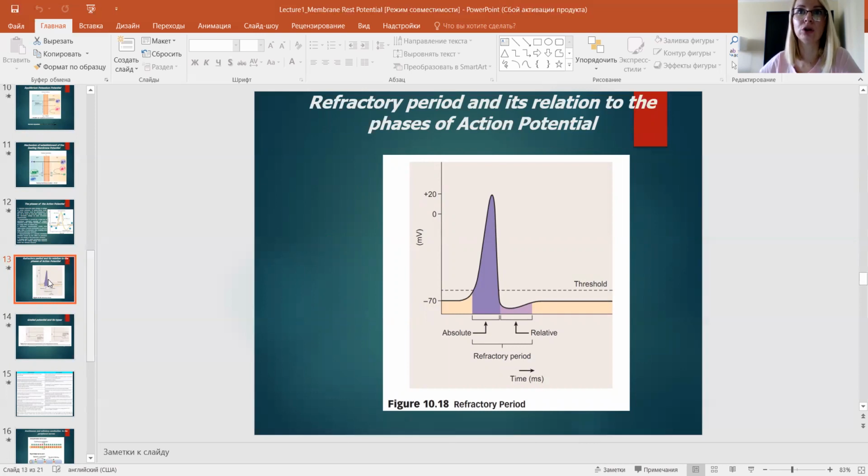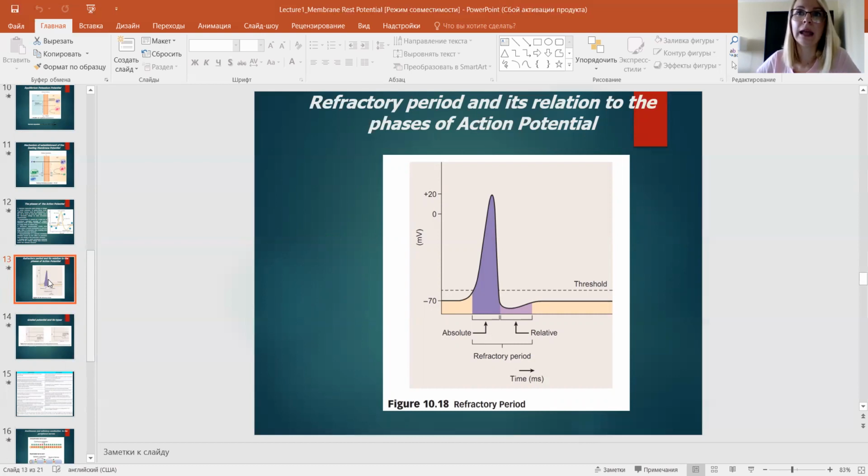Action potentials occur according to the all-or-none principle. If a stimulus can depolarize the cell membrane to threshold level, then the action potential with the maximum possible amplitude evolves. If the stimulus is not sufficient to reach the threshold, then the action potential doesn't occur at all.